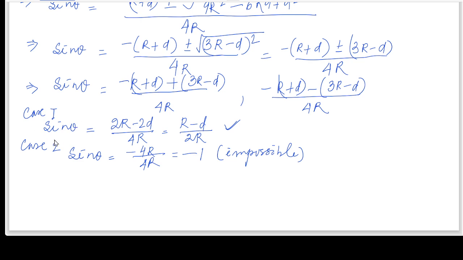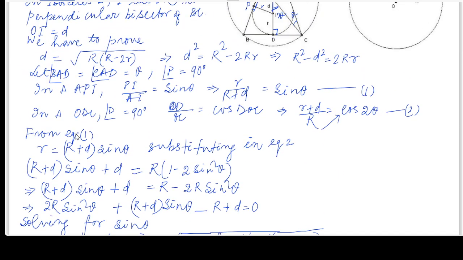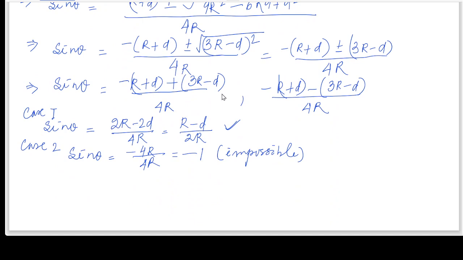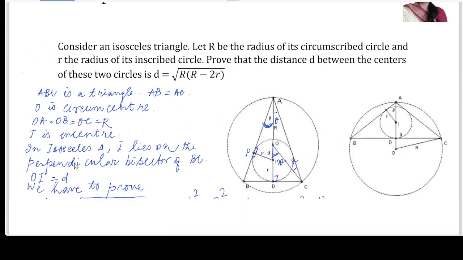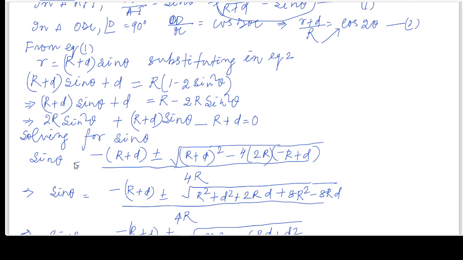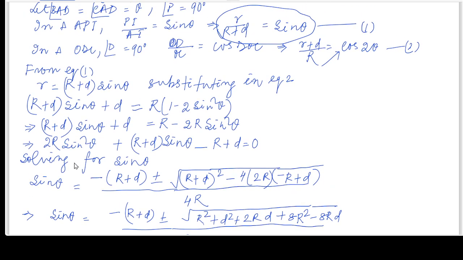Now we'll get the value of small r in terms of sine theta. From this, sine theta is equal to r upon R plus d, so R minus d over 2R equals r by R plus d.